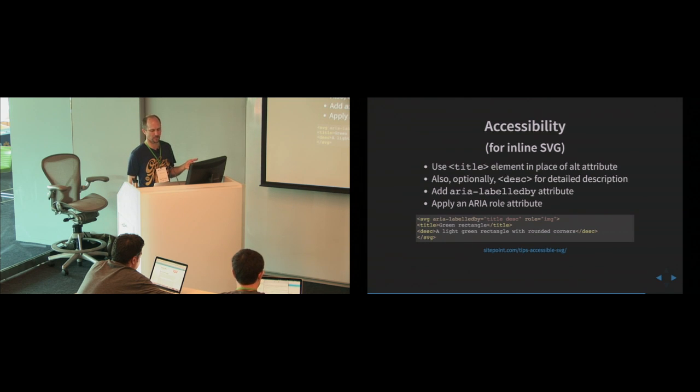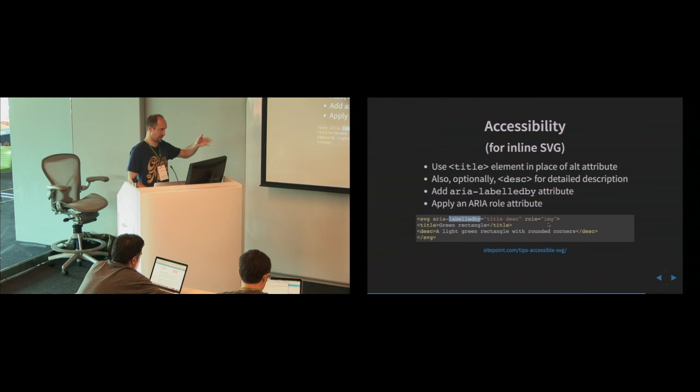There's not really a corresponding thing in image elements. And for some screen readers, you also want to add this aria-labelledby attribute right here that just specifies that, hey, we're using the title and desc elements for labeling this SVG, and also specify the ARIA role.